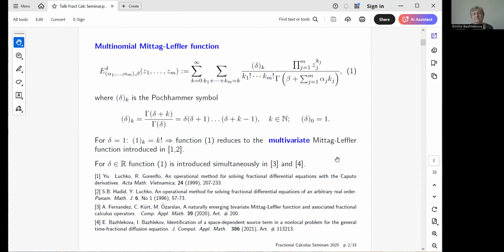For example, maybe in the second example, in viscoelasticity, usually the relaxation modulus is considered completely monotone. It is good when it's completely monotone. This is maybe one example where it's good to have complete monotonicity.